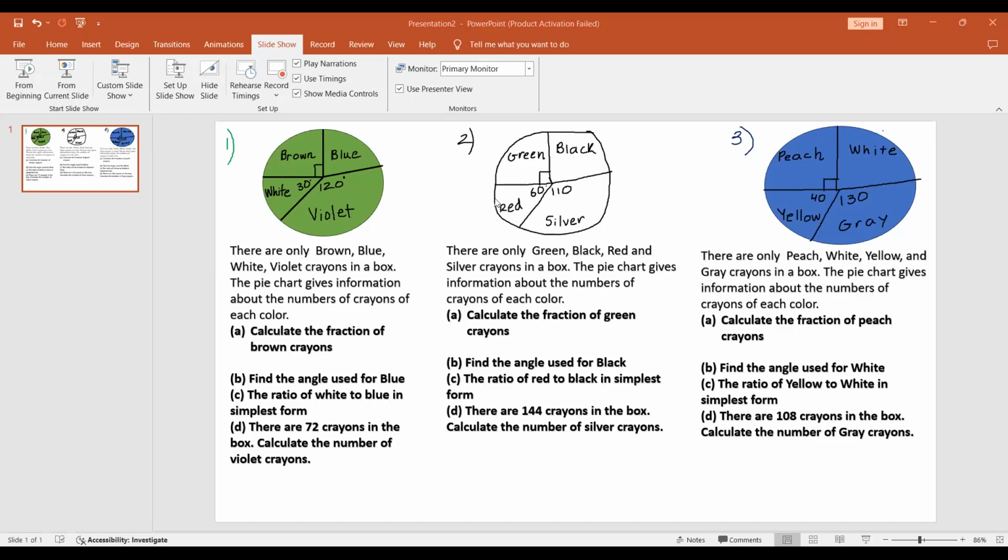Reagan, what number are you on? I'm on 3B. 3B, okay. And Michael, what number are you on?